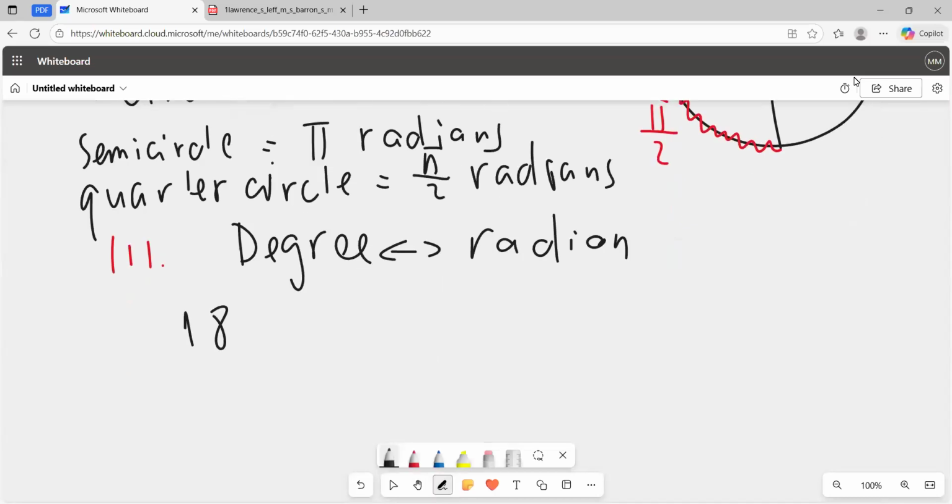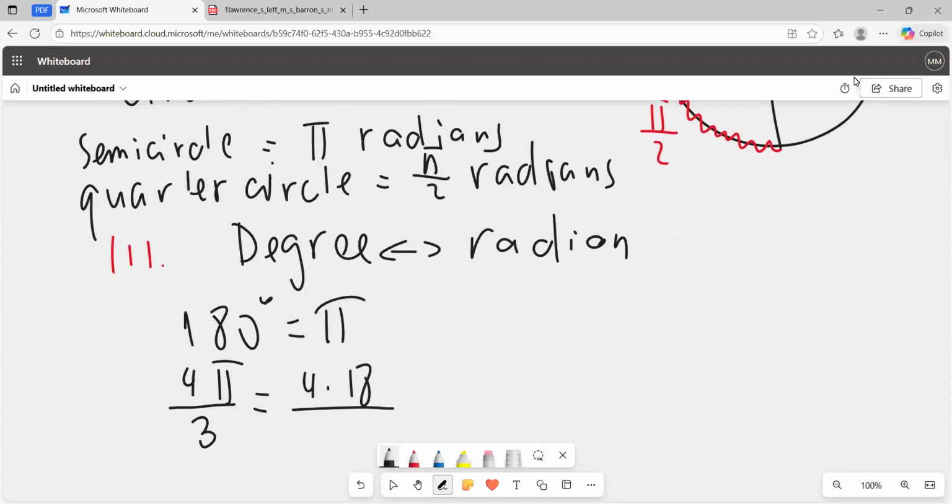It means that 180 degrees is equal to pi. Then, for example, if we have 4 divided by 3 pi radians, we can find it simply by replacing pi by 180 degrees divided by 3, and it's equal to 240 degrees.